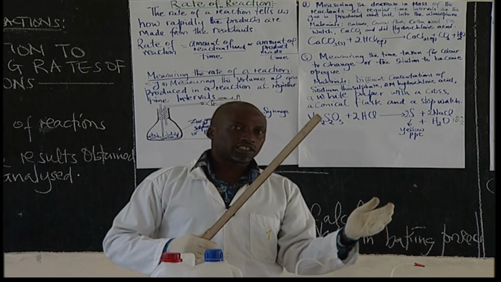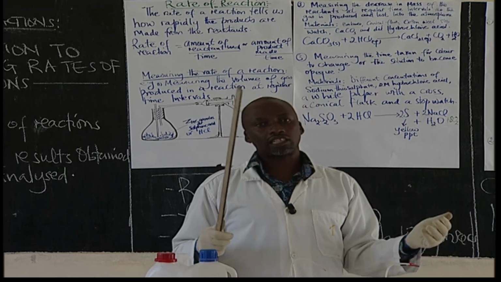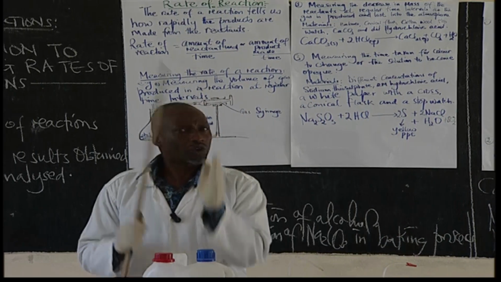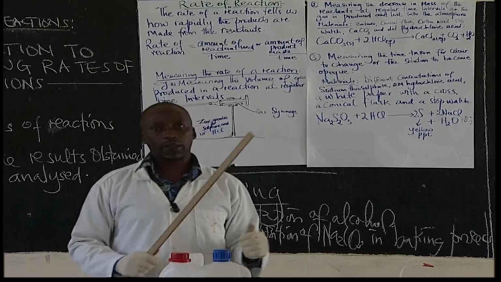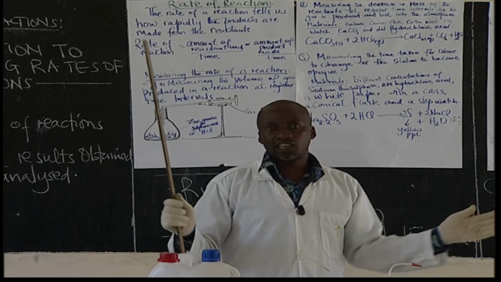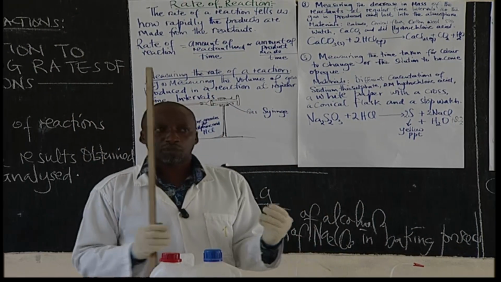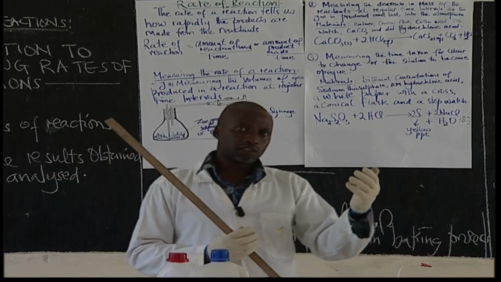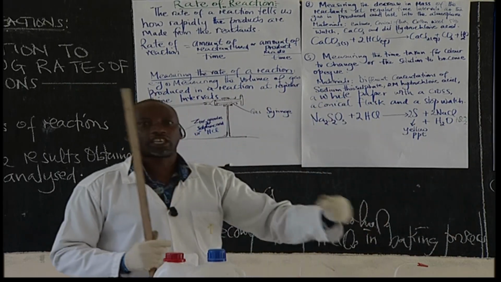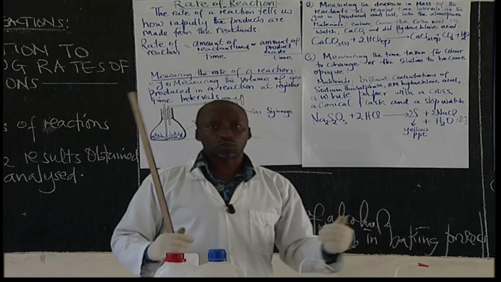The product that is formed can be a gas, and if it is a gas, you have to measure the volume of the gas at regular intervals of time. The regular intervals can be 5 seconds or 10 seconds. 5 seconds may be a very short time, but you can take 5 or 10 seconds and record the volume of the gas every 10 seconds, and then you will come up with the data.